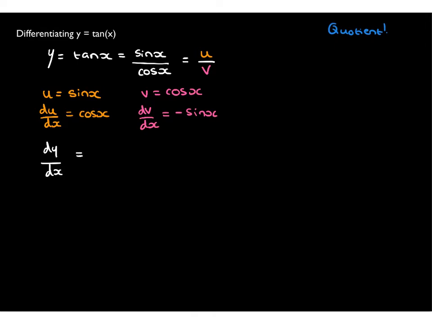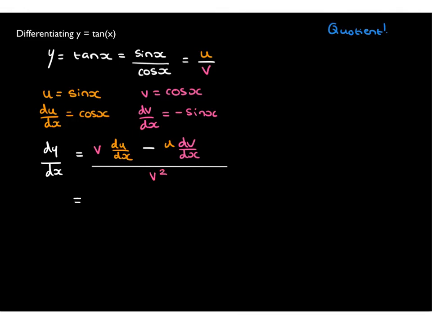So all we have to do is remind ourselves of the quotient rule. dy by dx is equal to v multiplied by du by dx, subtract u multiplied by dv by dx, and remember, it's a bit more complex than the product rule. Everything has to be divided by v squared at the end.